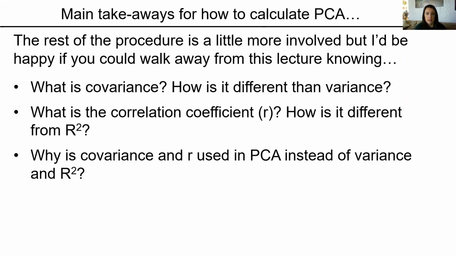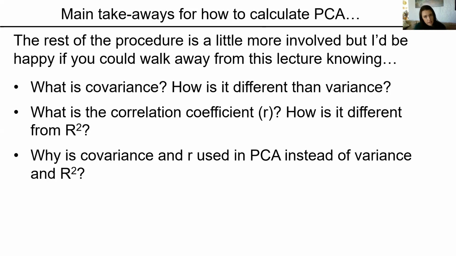So the main takeaways: the rest of the procedure for PCA is a little bit more involved, but I'd be really happy if you could walk away from this lecture knowing, first, what is covariance and how is it different than variance? What is the correlation coefficient R and how is that different from R squared? And why are covariance and R used in PCA instead of variance and R squared?